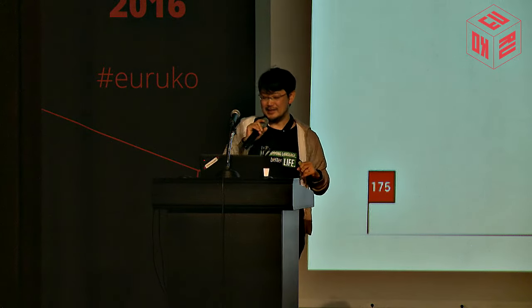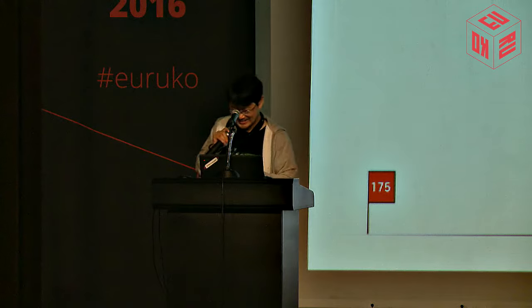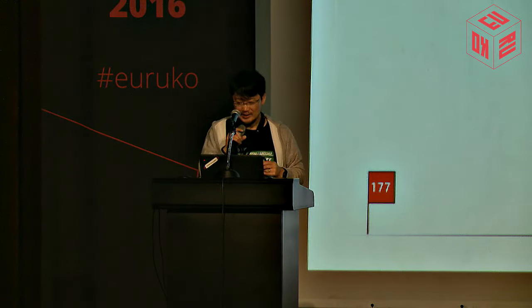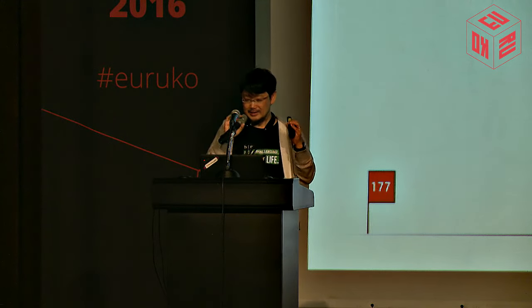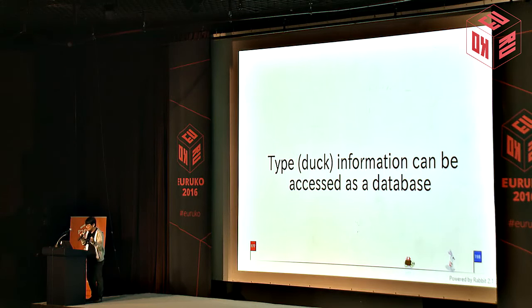You can ship that kind of database with your gem in the future, of course. Then that enables more accurate compile time checks, or the type information for your application or your gem can be accessed as a database.